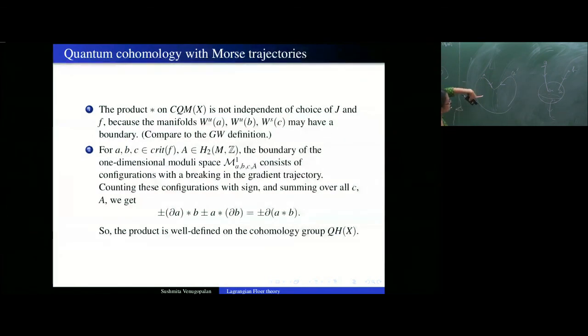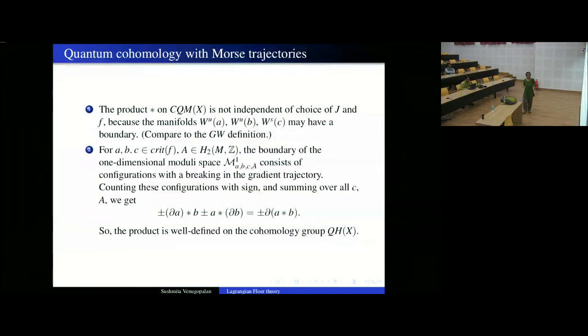Suppose this z_A was landing here, landing here, landing here, and suddenly it crosses over, and it's no longer in the unstable locus. So these kinds of things may happen, so that your product is not independent of choices. However, we'll see that when we pass to cohomology, these problems will disappear. In order to see that, I look at the boundaries of one-dimensional strata.